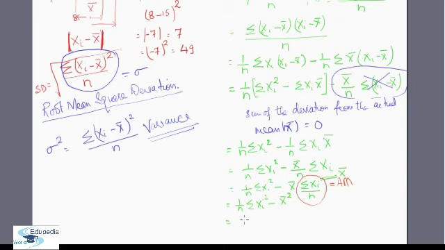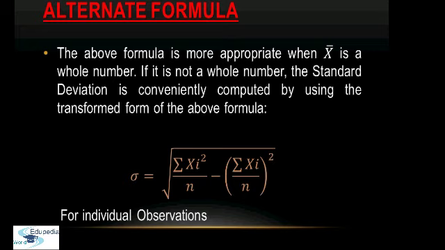Therefore, our formula can be written as summation xi square by n minus summation xi by n the whole square, or x bar square. Okay, and this is the formula for individual observations.